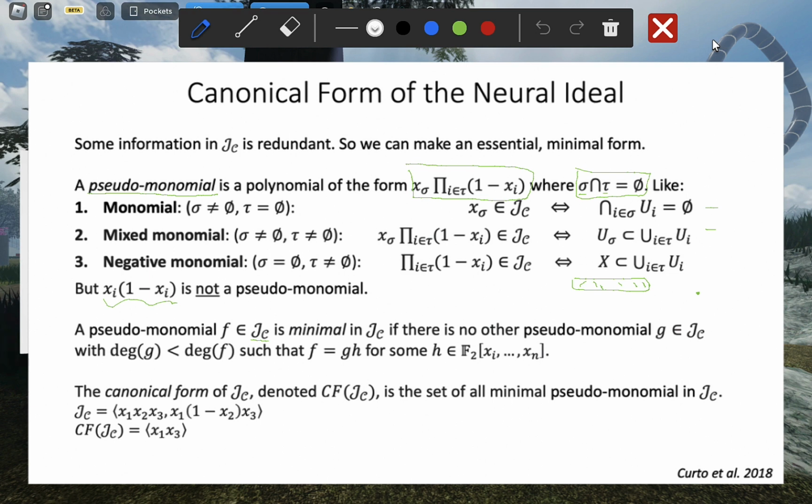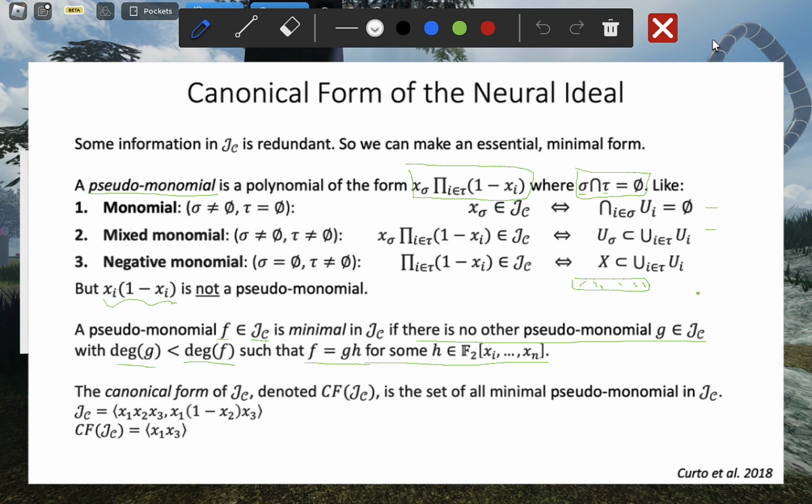So we first make J sub c, which is all of the pseudo-monomials, F monomials. And what we want to do is make sure that there is no other pseudo-monomial G such that the degree of G is less than the degree of F, and such that there exists some other polynomial H with F being G composed with H. So it's kind of like factoring.